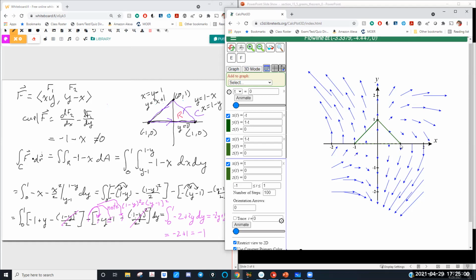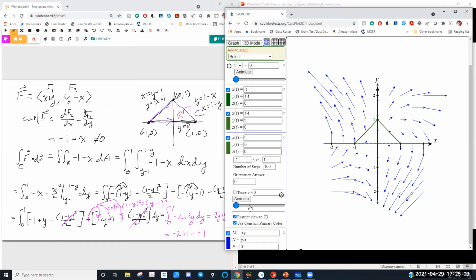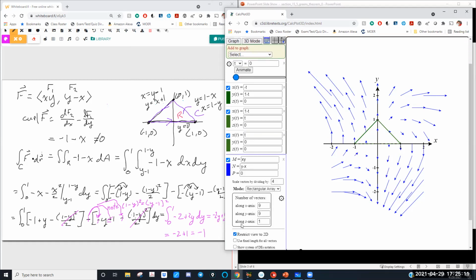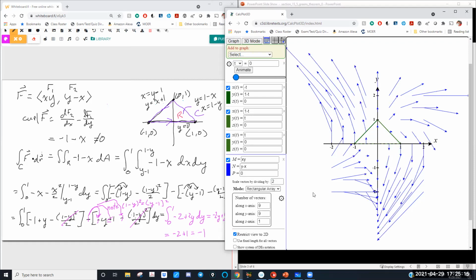Now here, remember we're moving counterclockwise, so we're going in this direction, in this positive orientation. It's hard to see that line, so let me make it a little longer so you guys can see it. Let's extend the lines. They're scaled down. See how that vector is going against our path of motion? So we're getting a small negative value as we go up this part of our path because we're going against the vector field slightly.